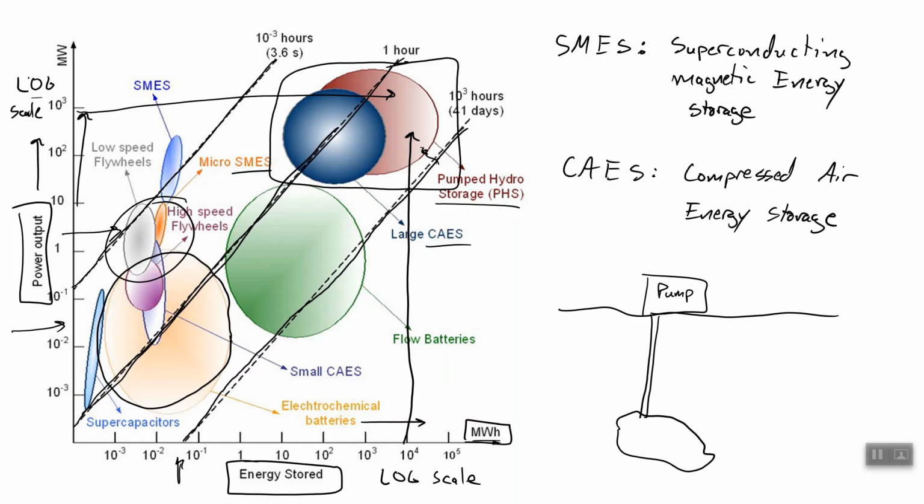And just like pumped hydro, instead of storing water at a height, we instead take air and we pump it and store it at a high pressure, which is the same. We've just generated a large potential, in this case a pressure potential. And then when we need it, we just allow that air to flow out through some sort of a turbine, which we turn, I guess it'd be a compressor, not a pump, through this turbine, and we extract that energy. So this is why it's very similar to pumped hydro. Pumped hydro is a little better because we're not dealing with a gas, but with a liquid.